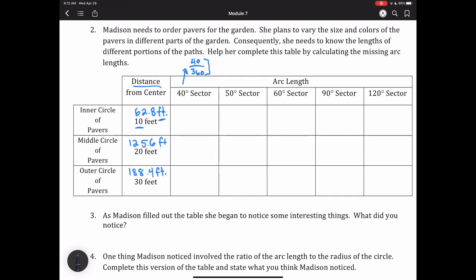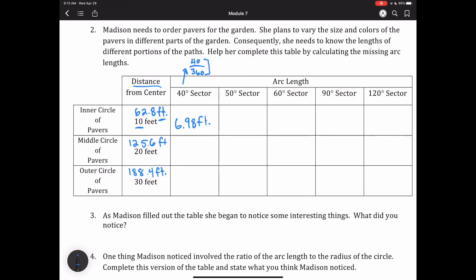So it'll be 62.8 times 40 over 360. So the sector of the 10-foot radius circle, for 40 degrees, is 6.98 feet long. Okay, so 6.98 feet long.